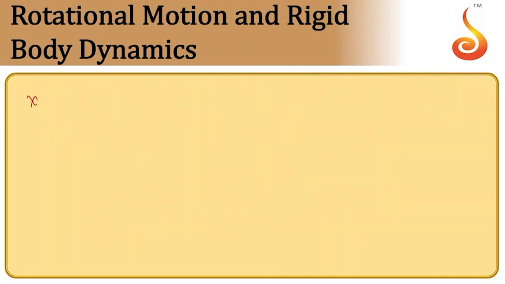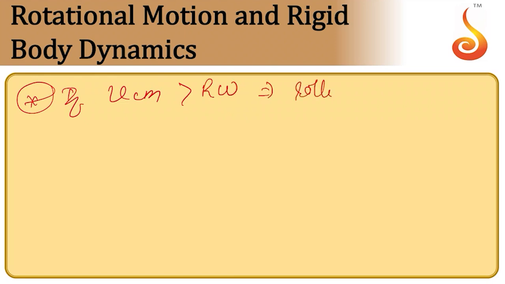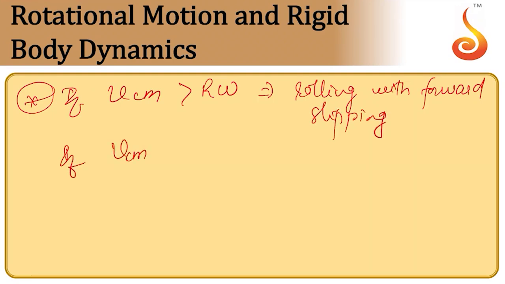Now what if VCM is more than R omega? In that case, it is rolling with forward slipping. If VCM is less than R omega, then it is rolling with backward slipping.